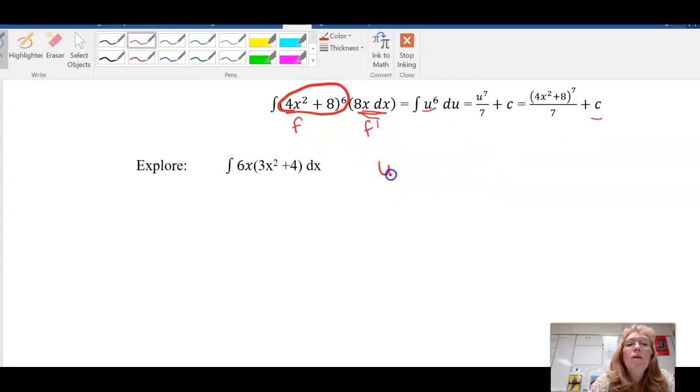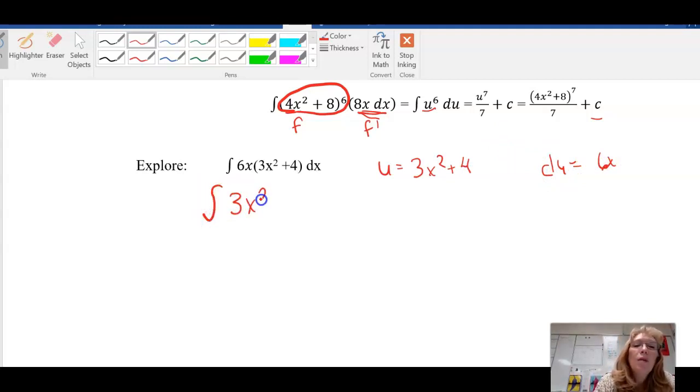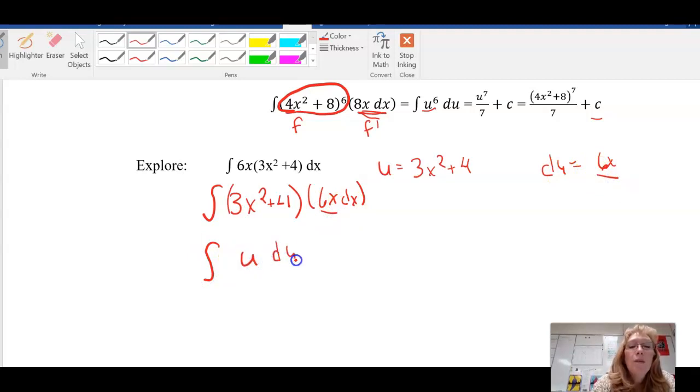All right, here your u is going to be 3x squared plus 4. That means my derivative of u is 6x. So when we rewrite this, we're going to put 3x squared plus 4. We're going to put the derivative together. And this matches what I need to have. So this means technically I have u du.